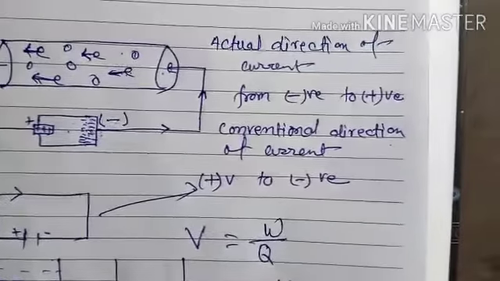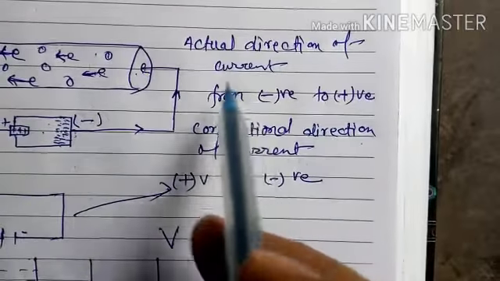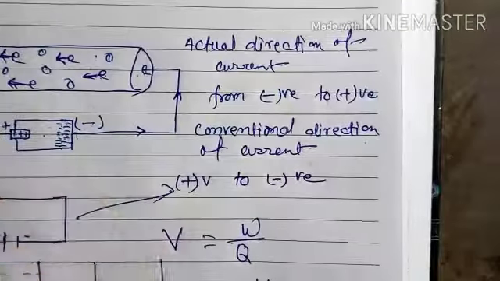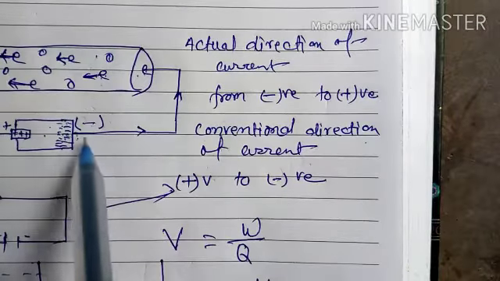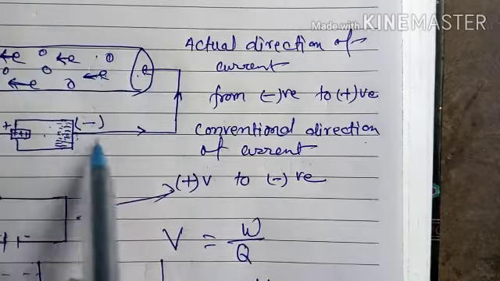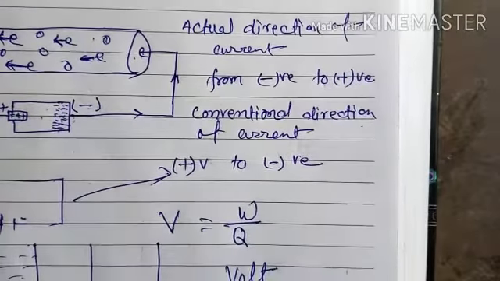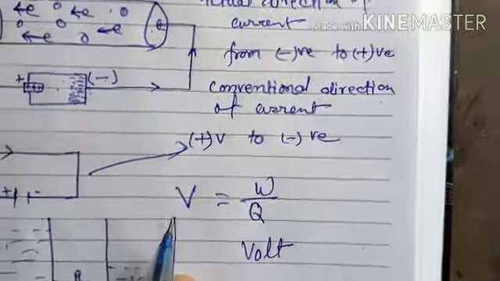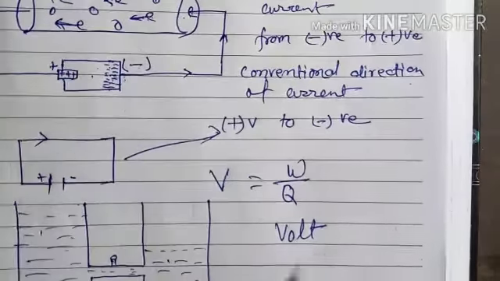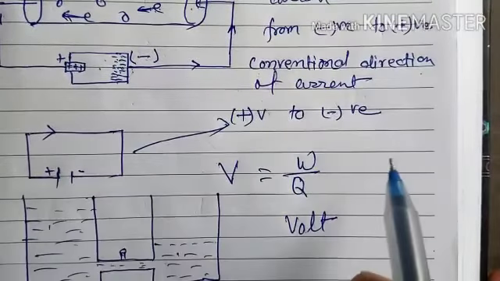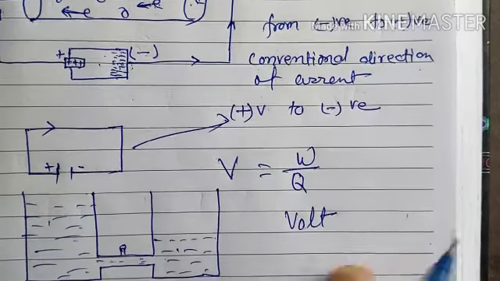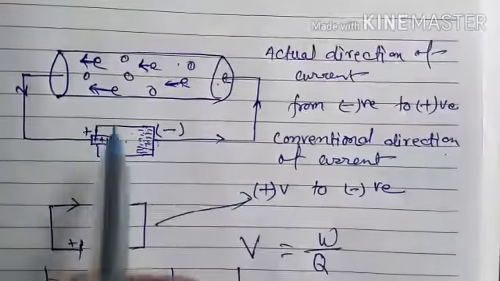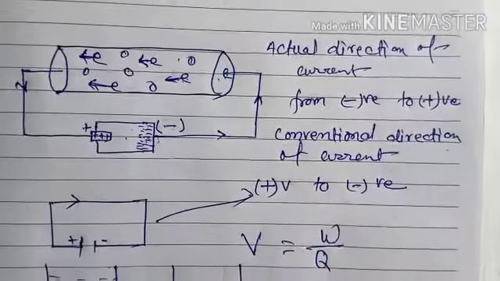As a result, they start moving in a particular direction. One more important thing is that this is the actual direction of current, from negative to positive. But there is also a conventional direction of current. Initially it was assumed that the direction of current is from the positive terminal to the negative terminal.